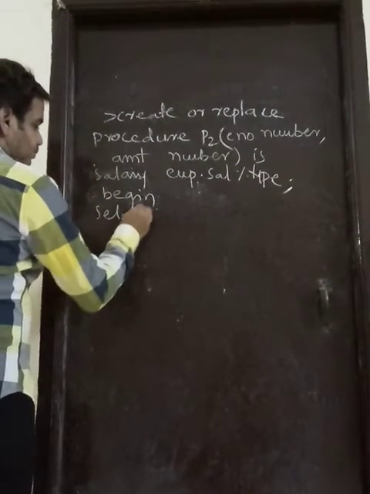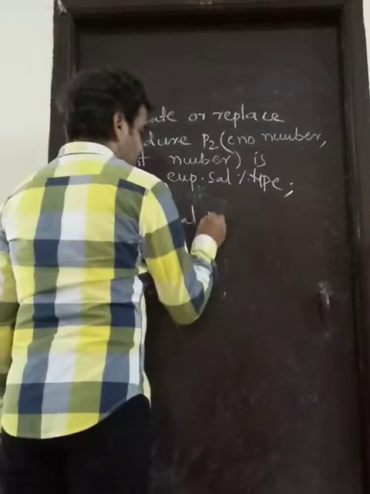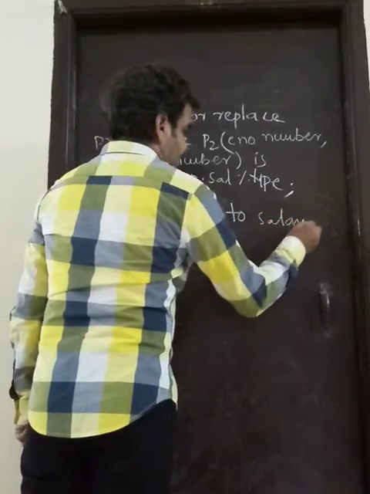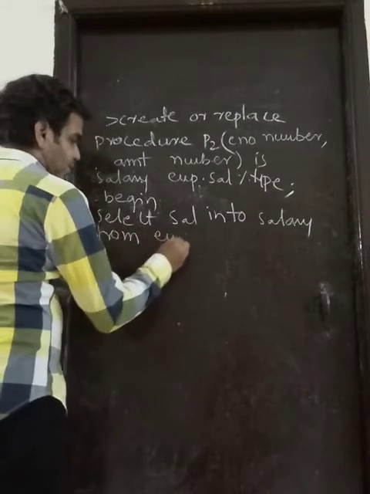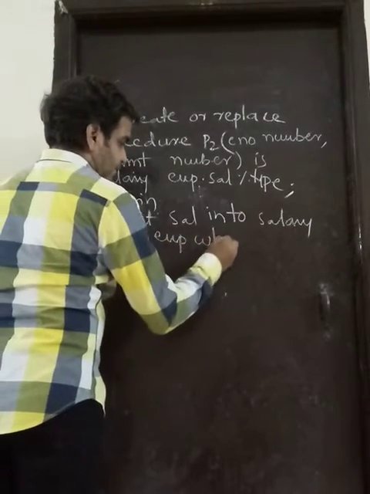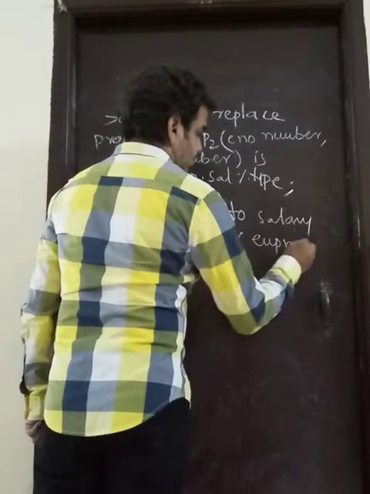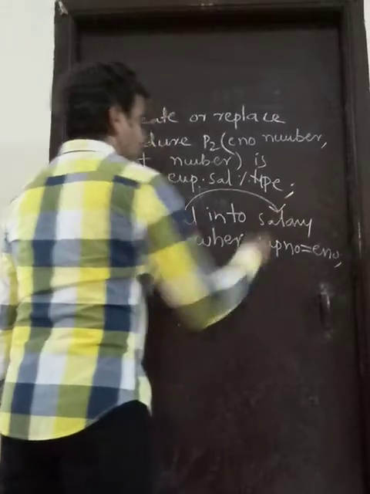Select salary into salary from EMP, where employee number is equal to E number. Whatever we are passing, that salary we are storing in the salary.